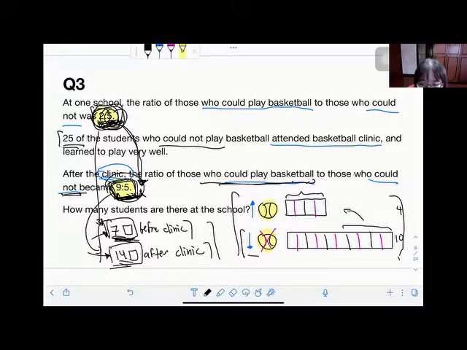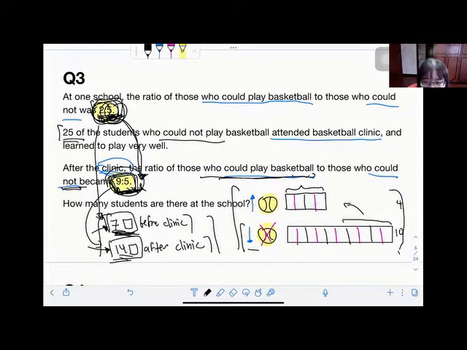So ilang boxes doon sa baba ang iaakyat para makuha natin yung 9:5? So noon, 4 boxes lang siya. Gusto natin magiging 9. So, Ma'am Marilu, you can put it on chat.